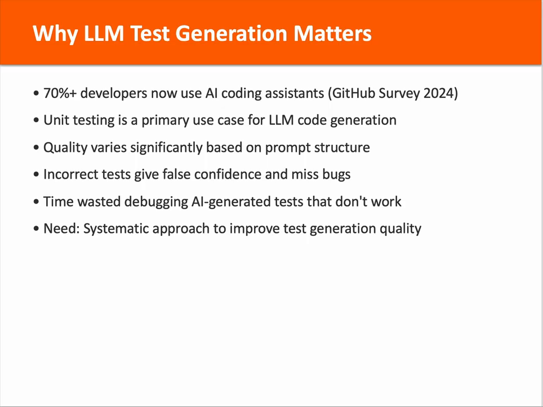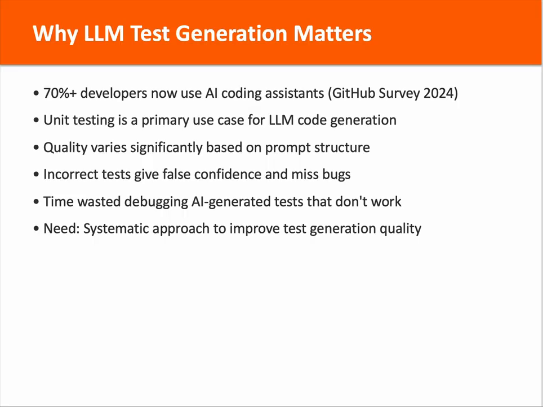But here is the problem: quality varies enormously. Sometimes you get perfect tests, other times the tests don't even run. Worse, sometimes the tests pass but don't actually test anything meaningful. They give us false confidence while the bugs slip through.